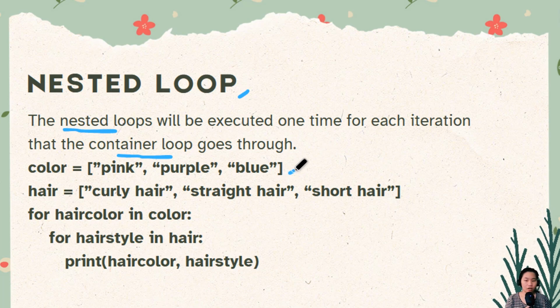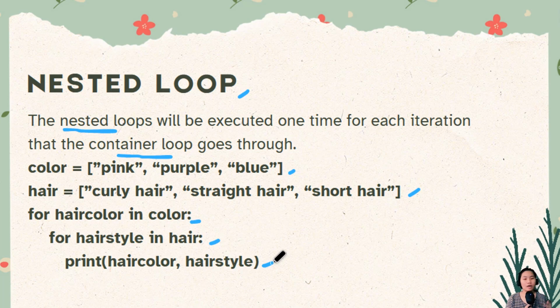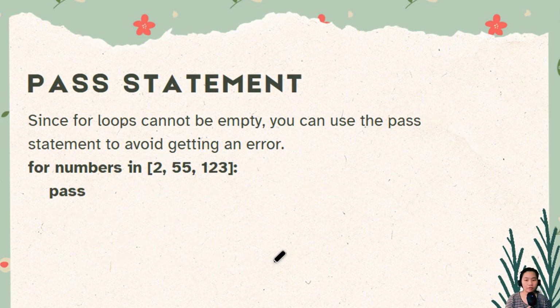So I have color: pink, purple, blue, and then I have hair: curly hair, straight hair, short hair. For hair color in color, for hairstyle in hair, print hair color and then hairstyle. So you would have pink curly hair, pink straight hair, pink short hair, and then purple curly hair, purple straight hair, purple short hair, so on and so forth, like that. Okay, I will show you in a little bit in Visual Studio Code, so it's a little bit clearer.